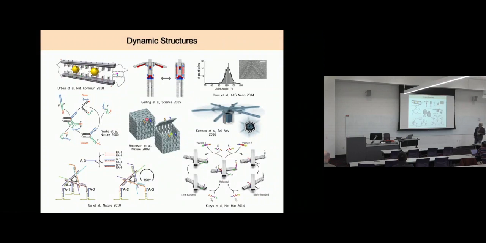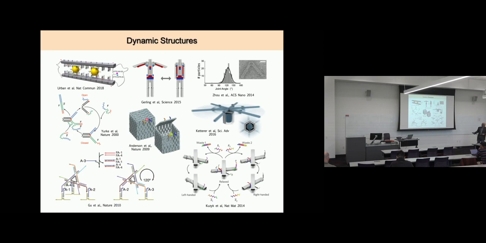People have been doing very interesting things, introducing flexible entities at strategic positions within these overall rigid structures so that they can undergo equilibrium fluctuations about some equilibrium points, such as these hinges that our collaborators have developed that fluctuate about a certain hinge angle and it's completely tunable. They can make the hinge this way and fluctuate there or fluctuate there.